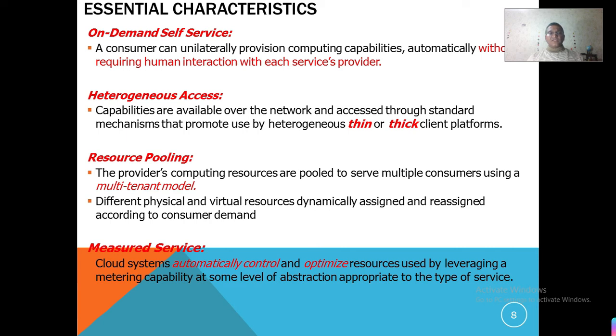Here the cloud systems automatically control and optimize the resources, which means it will provide the platform where one can analyze and predict the usage of the services, and the customers are only bound to pay for what they are using. So they are free from caring about upfront costs, upfront expenses.